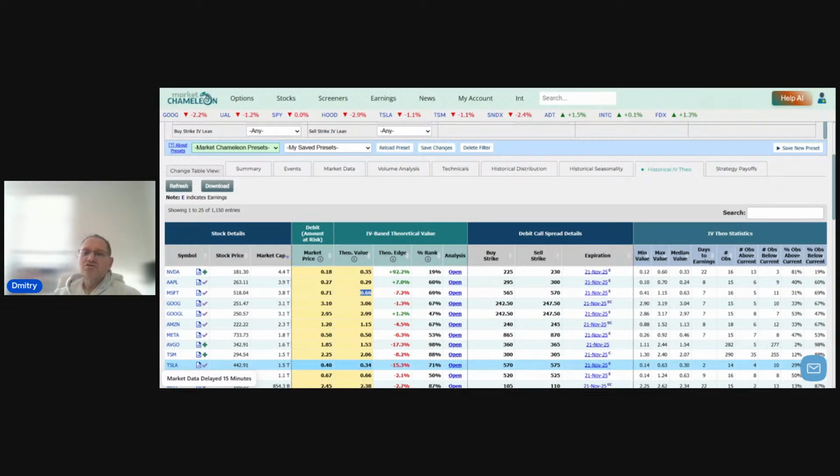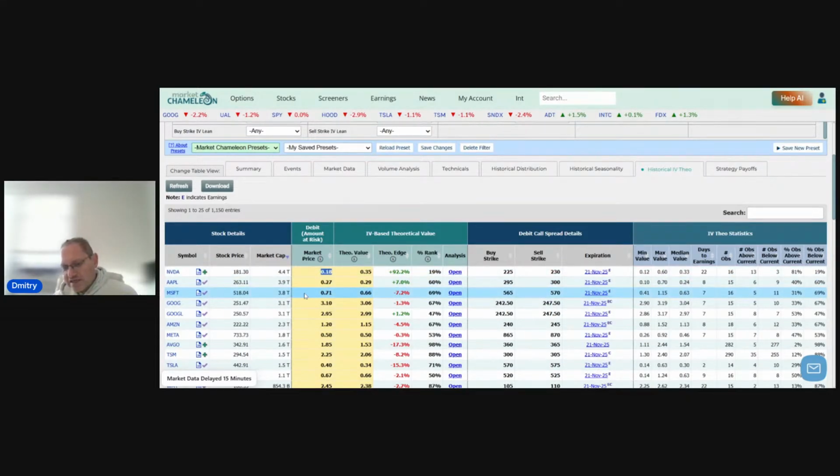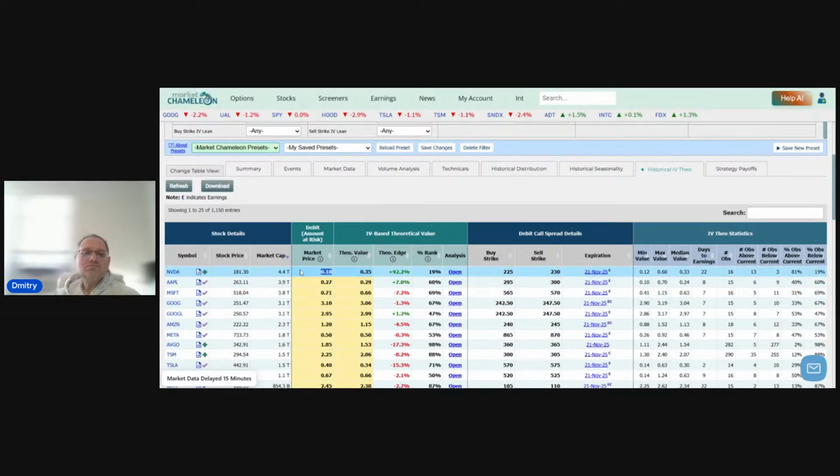So over here, for NVIDIA, for example, it's right now priced at 18 cents. This is an out of the money call spread. So the stock's 181. These are 225, 230.